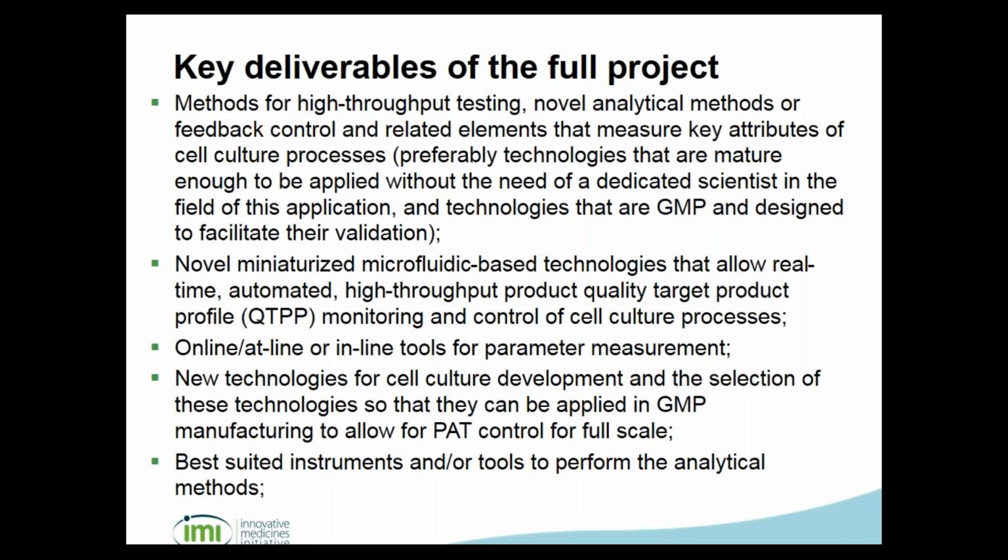Of course, you know that we are working in a GMP environment, so it's important that at least when we do this with the bioreactors, that these tests or these technologies are working in a GMP environment.